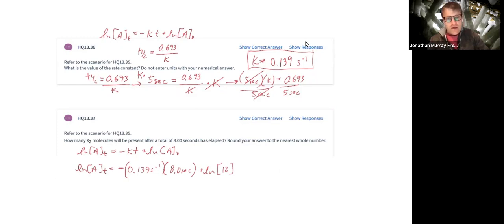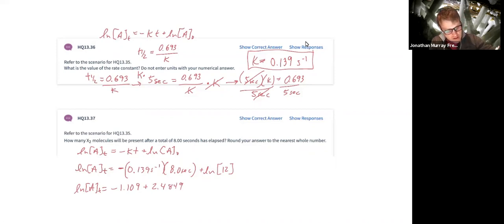In this calculation, I'm going to multiply 0.139 times 8 seconds, and I'm going to take the natural log of 12. So I get the natural log of concentration at time t equals negative 1.109 plus 2.4849. You might be wondering about units at this point.